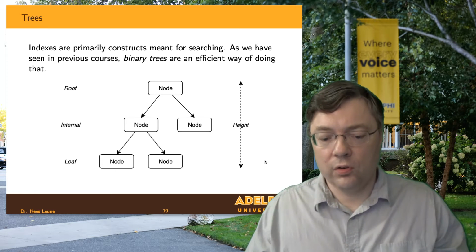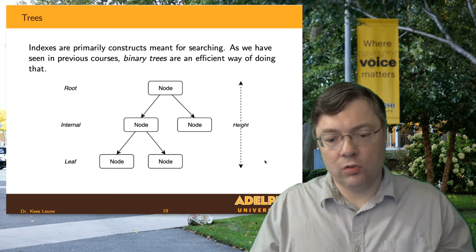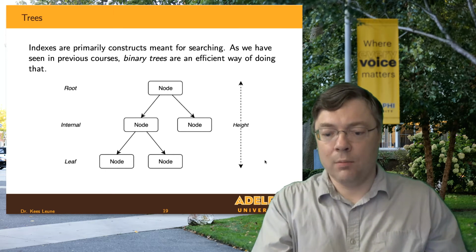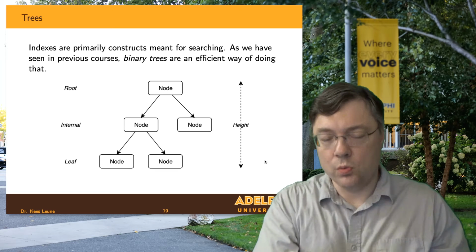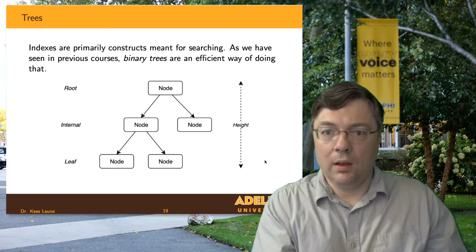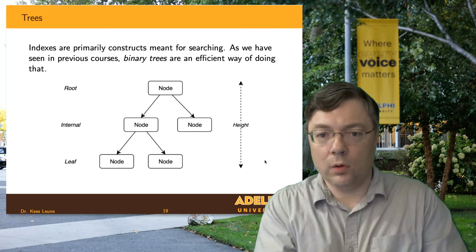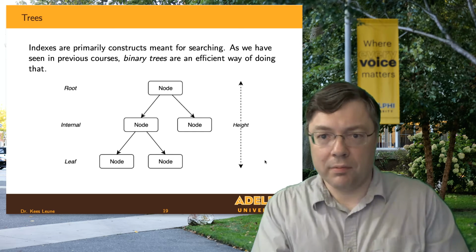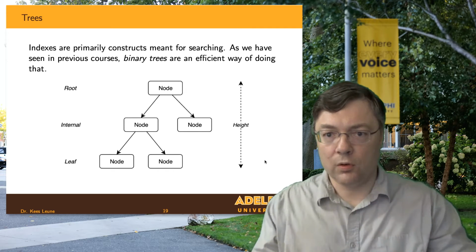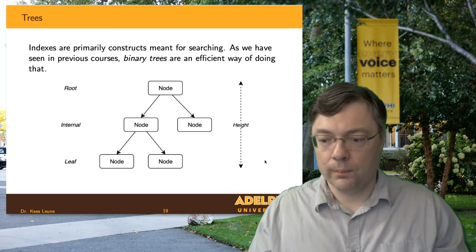Remember, the binary search assumes that you have a sorted list of data and that you can just chop the data in half and say, well, at that halfway point, is that the data I'm looking for? If the answer is no, then you're going to look and see if that halfway point data is greater than or less than the data that you're looking for. So you know you need to look to the left or to the right of that halfway point. And then you repeat the process. So basically each time you're chopping your search space in half. And that leads to very efficient searches.